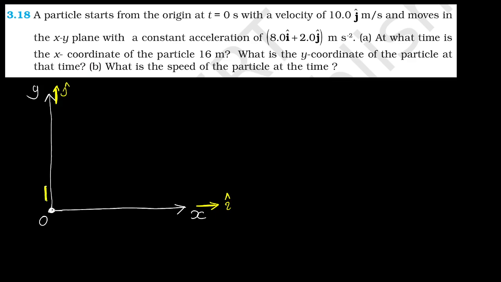A body has got an initial velocity. It is a vector quantity. 10 j means 10 meter per second along the j direction, along the y direction, initial velocity.